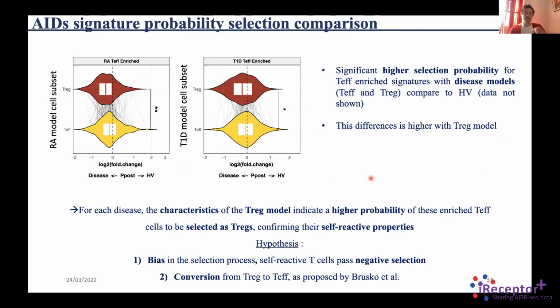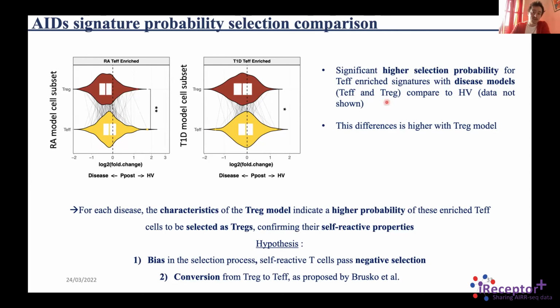And we observe first, and this data is not shown here, that we have a significantly higher selection probability for our enriched effector T cell signature for RA and T1D patients with the disease model, whatever the cell subset, so for TF and for Tregs, when we compare to the healthy volunteers.